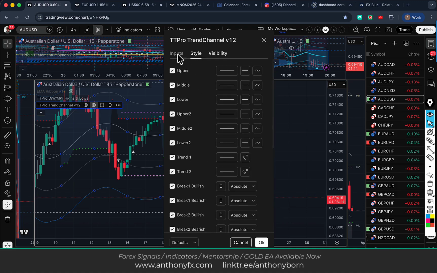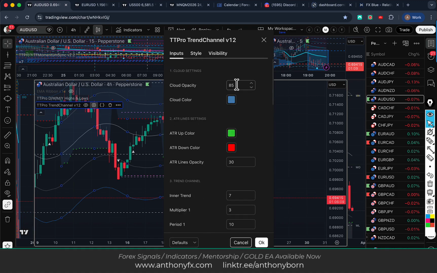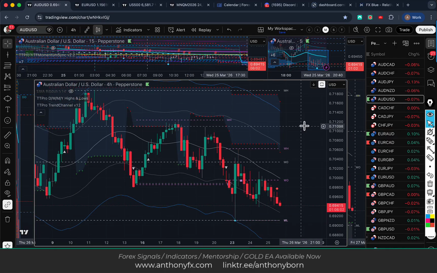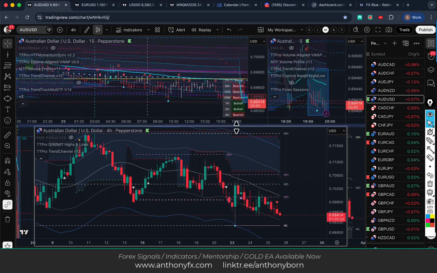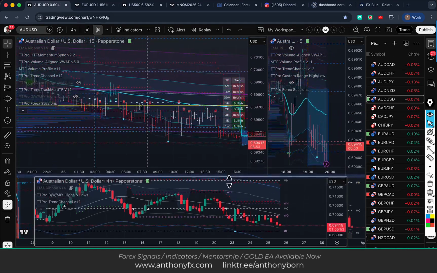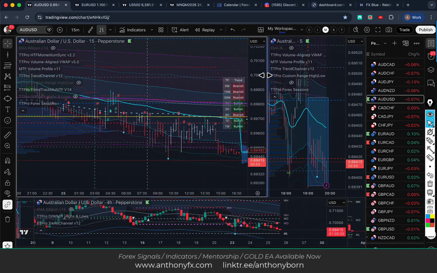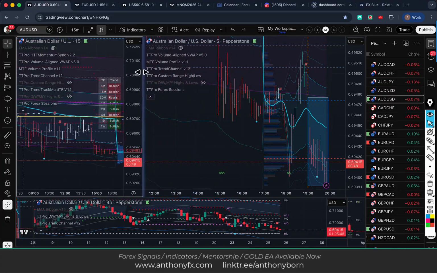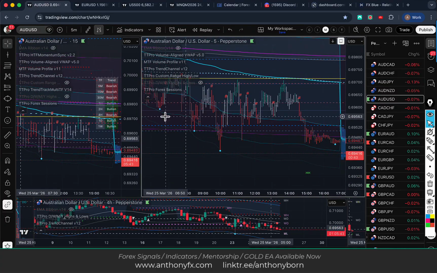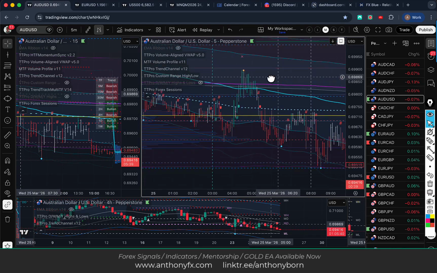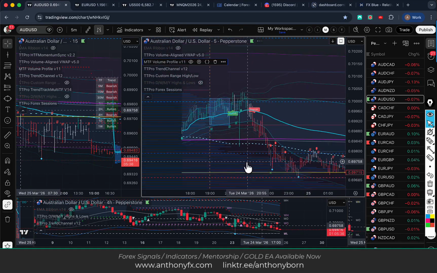Just tick everything in style, and in the inputs, if you want the shaded cloud, there you go. I don't mind that. I like the trend channel on this time frame. Use it on the one hour up. That's all there is to it, really. Keep everything as default on the lower time frames. I really like this 5-minute for a precise entry. It'll get you in earlier than the 15 for obvious reasons.